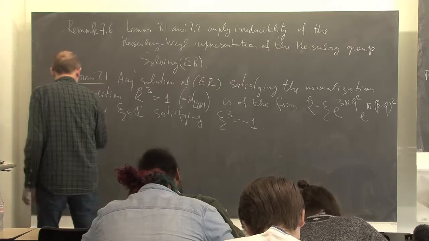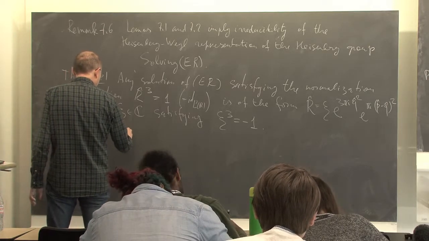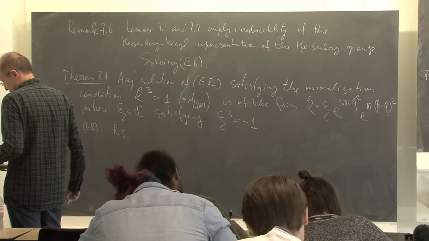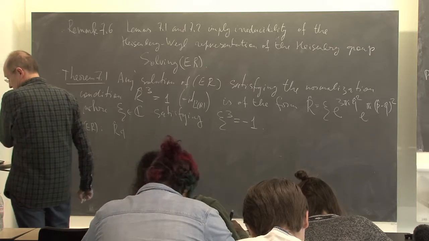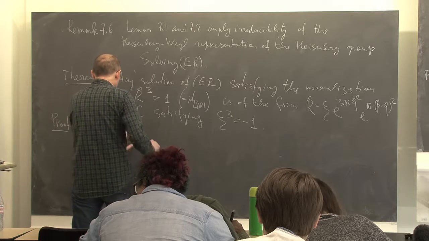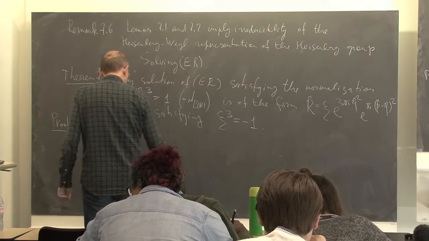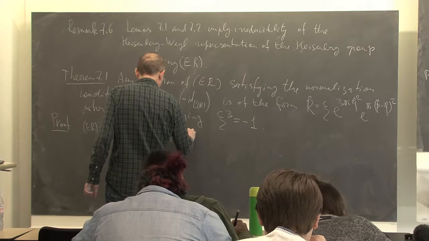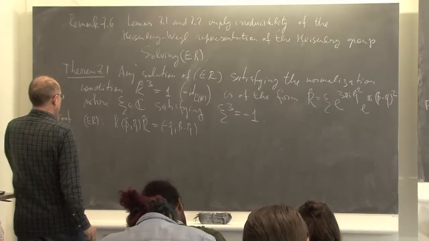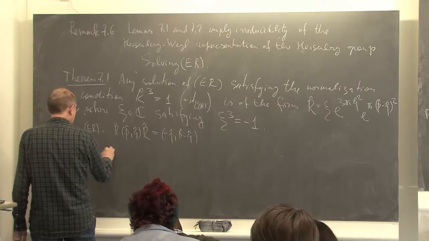So I recall that ER is the following. R hat conjugates, what was it? Okay, let me put it together. P hat goes to Q hat, and Q hat goes to minus Q, P minus Q. So let us start from the first equation, equal to minus Q hat.